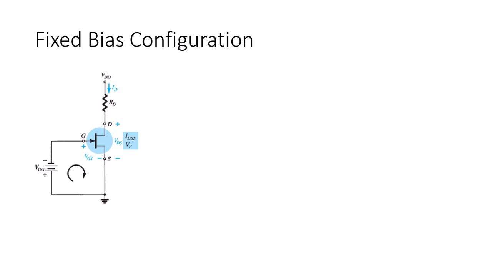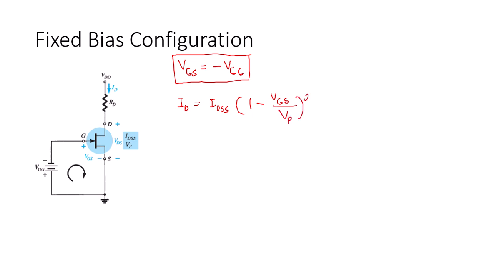So the resulting level of the drain current ID is now controlled by Shockley's equation. The value of VGS is equal to negative VGG. Next, for the value of ID, ID can be obtained using Shockley's equation: ID is IDSS times the quantity 1 minus VGS over the pinch-off voltage, squared.